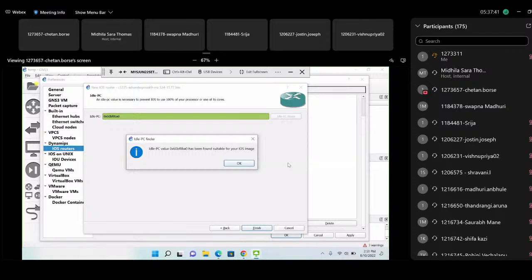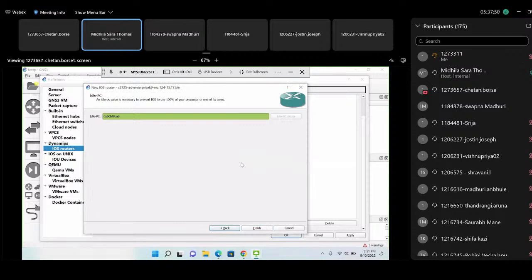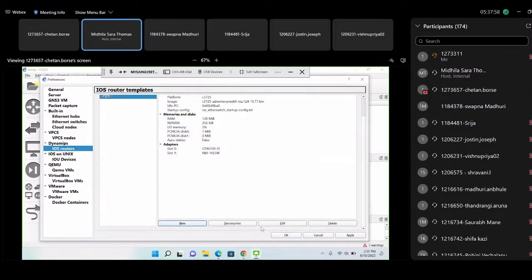Did everyone get this message? Yes? Click on OK. Then you click on Finish. Now you click on Apply at the bottom. Do you see Apply? And after that, you click on OK.